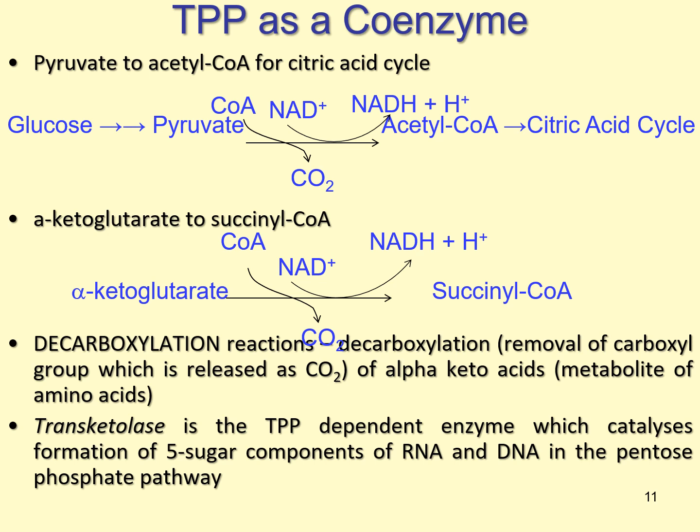With thiamine pyrophosphate as a coenzyme, pyruvate is converted to acetyl-CoA for the citric acid cycle or Krebs cycle. So glucose can be converted to pyruvate, and pyruvate to acetyl-CoA. This acetyl-CoA is an intermediate for the citric acid cycle.